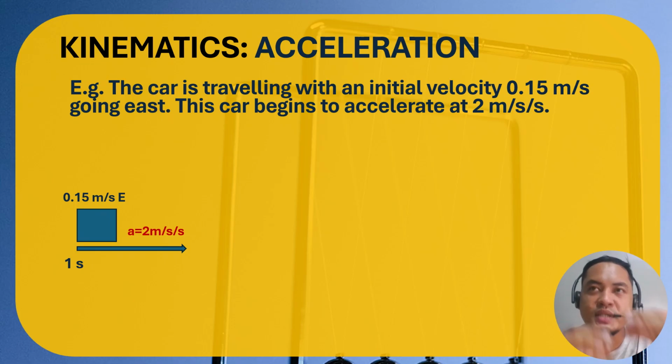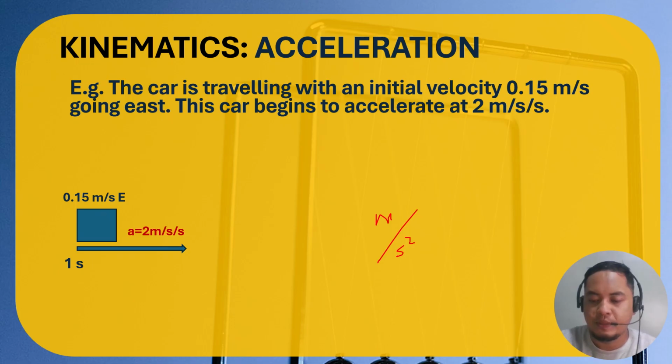This is the meter per second. Okay, that's our acceleration. That's why we have a unit meter per second squared. That's the unit of our acceleration.